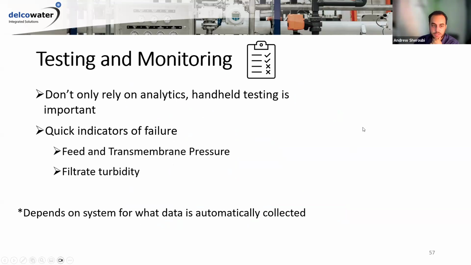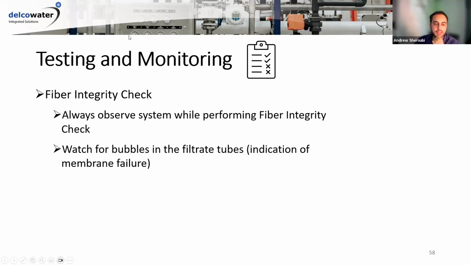With this, testing and monitoring is still important. You do need to do more handheld testing as well, specifically with things like turbidity, to make sure that the system is operating as it needs to be. And again, the fiber integrity check happens automatically when the system is running. It stops and does the integrity test, and it will alarm if one of the modules seems to have a fiber leak.